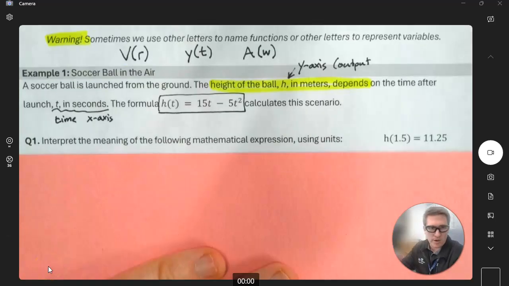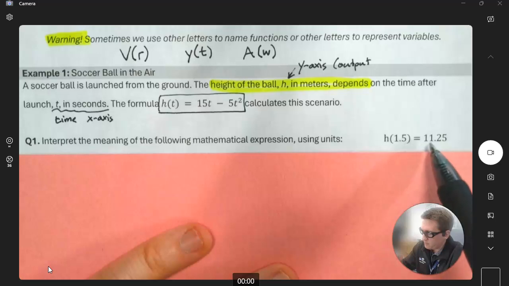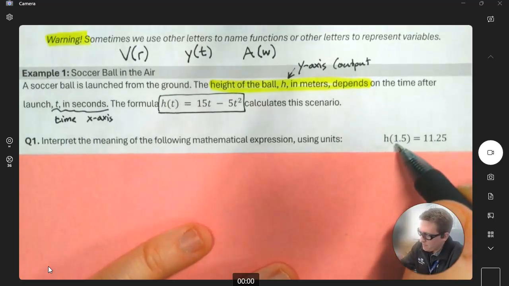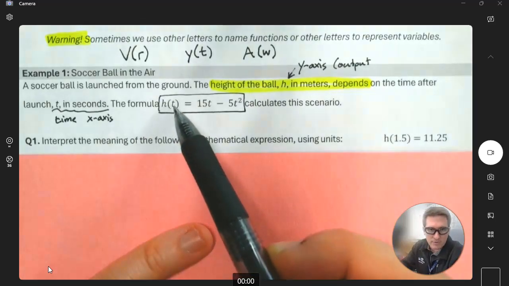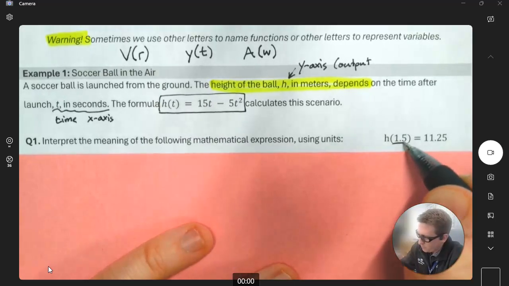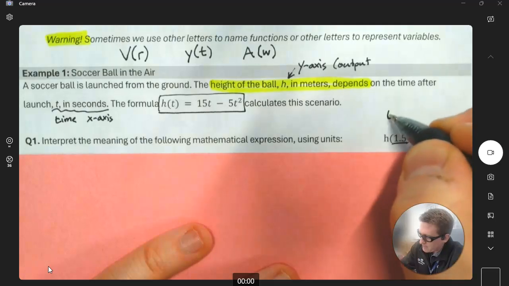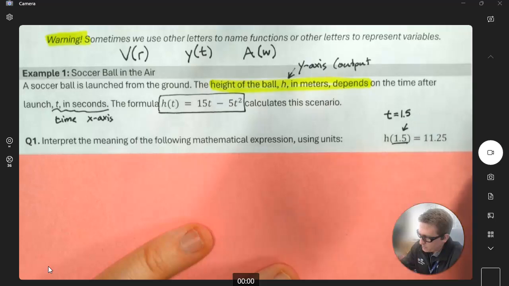All right, question 1. Interpret the meaning of the following mathematical expression using units. h of 1.5 equals 11.25. Well, I must remember that the variable that's inside the parentheses is the independent variable, right? And therefore, h of 1.5 is telling me that the time is 1.5, and what are the units?